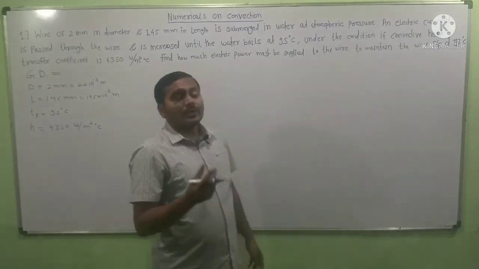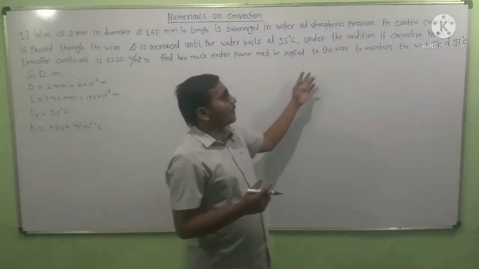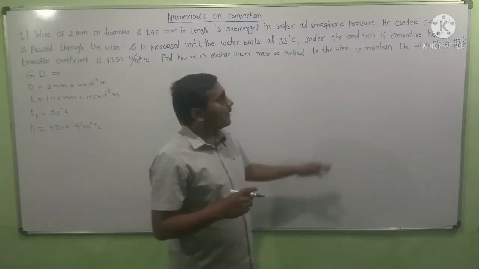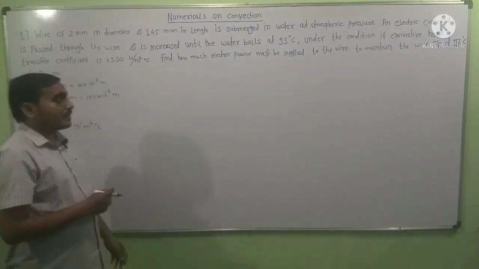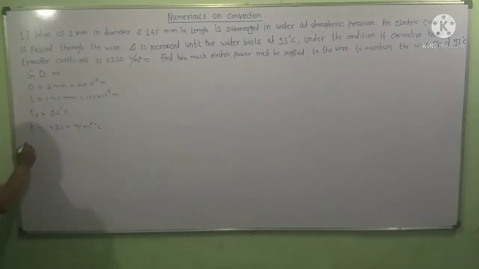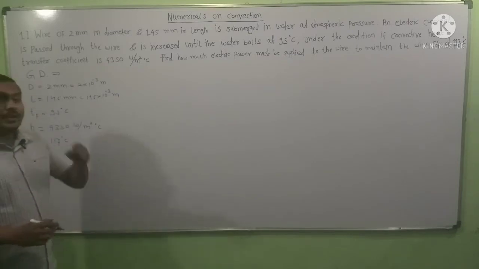We have to find the electric power supplied to maintain the wire surface temperature at 117 degrees Celsius. So the temperature of the surface is 117 degrees Celsius. This is the given data. From this we have to find the area.